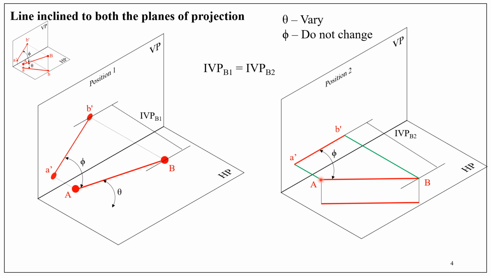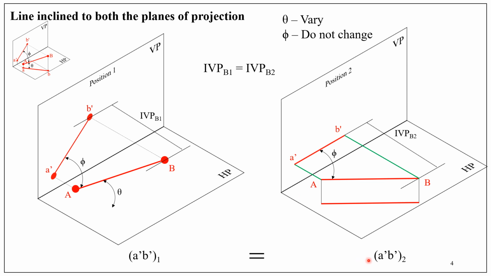What we discussed in the previous case is equally applied to here also. Now what happens to this front view A dash B dash? From the geometry, we easily understand A dash B dash corresponding to position 1 and 2 are equal. In position 1, the trapezium is A, B, B dash, A dash. In position 2, the trapezium is A, B, B dash, A dash.